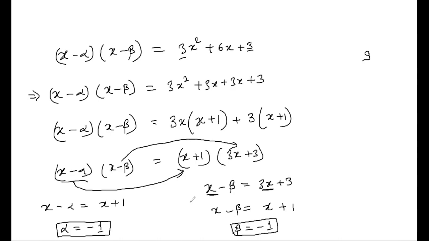The answer has plus 1, minus 1. Okay. Two zeros are getting that much. Whole square. Okay.